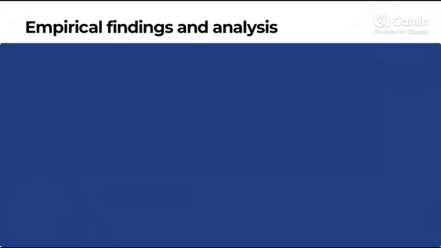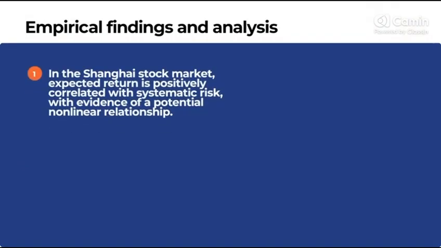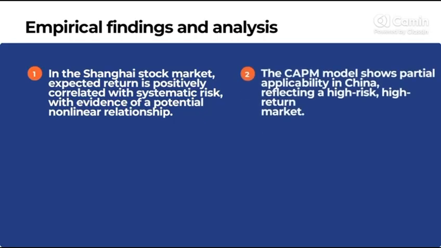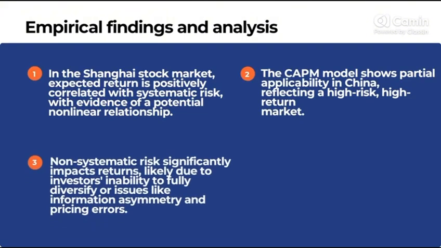Empirical findings analysis. First, in the Shanghai stock market, expected return is positively correlated with systematic risk, with evidence of a potential nonlinear relationship. 2. The CAPM model shows partial applicability in China, reflecting a high-risk, high-return market. 3.